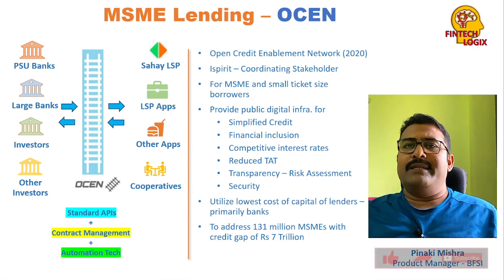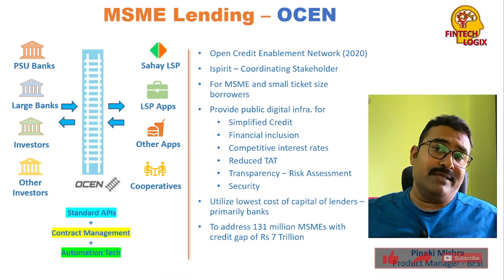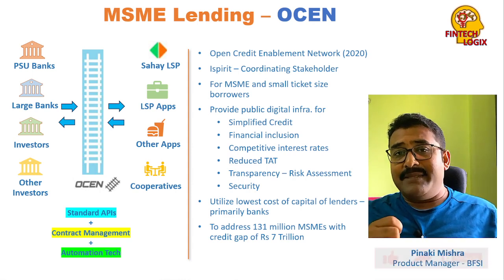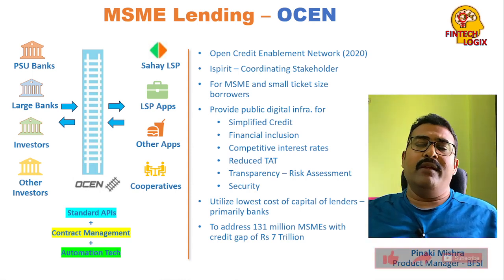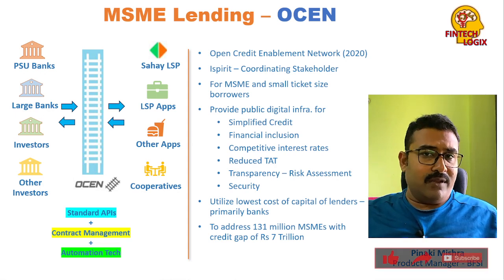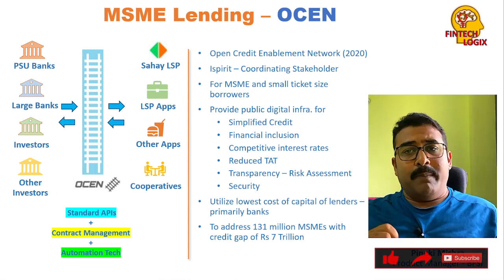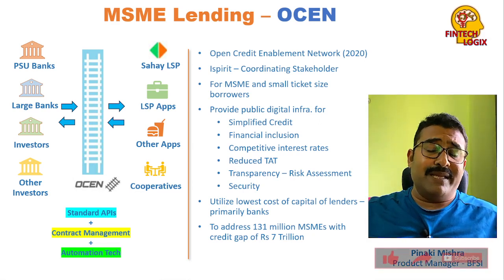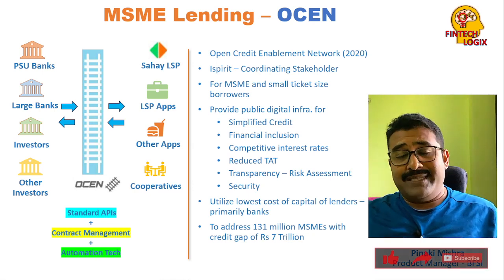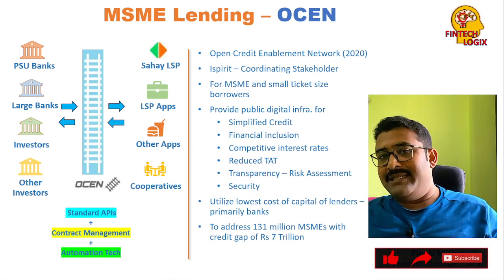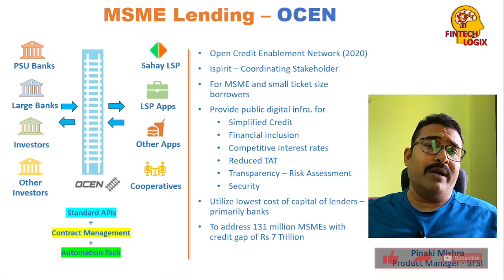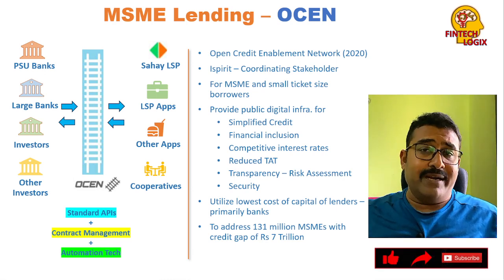Right now a lot of components are already made, but we will see this in full force by end of 2024 probably. iSPIRIT is the primary body coordinating the work for this OCEN. Primarily OCEN is created for MSMEs, specifically to facilitate small ticket size borrowers so that they can have credit with a very low turnaround time and the benefit of a lower interest rate.